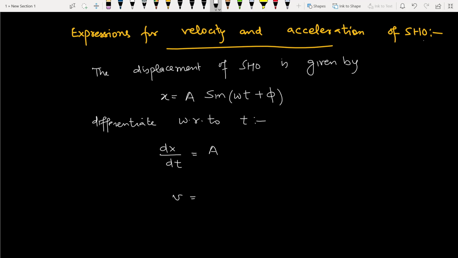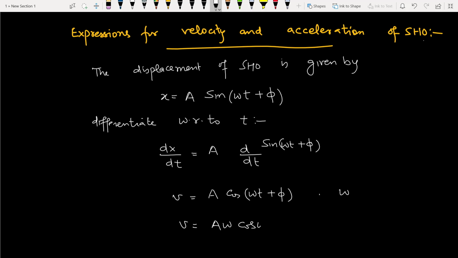So we are to differentiate this. The derivative of sine theta is cos theta into the derivative of the angle, which is omega. So this is the expression for velocity.